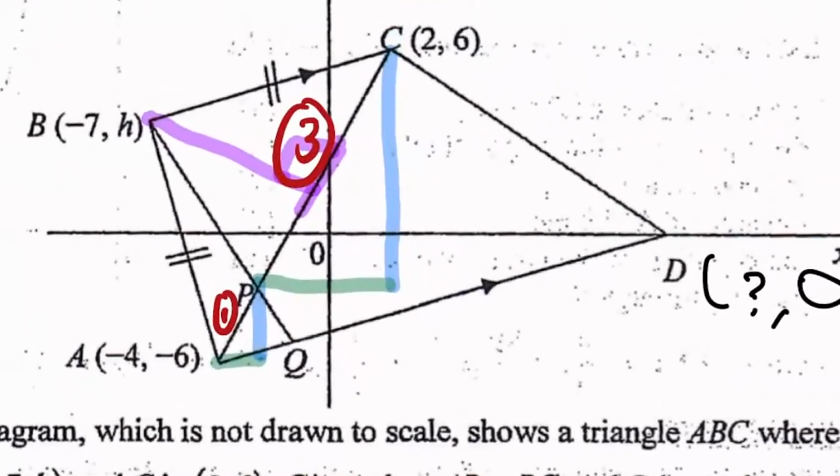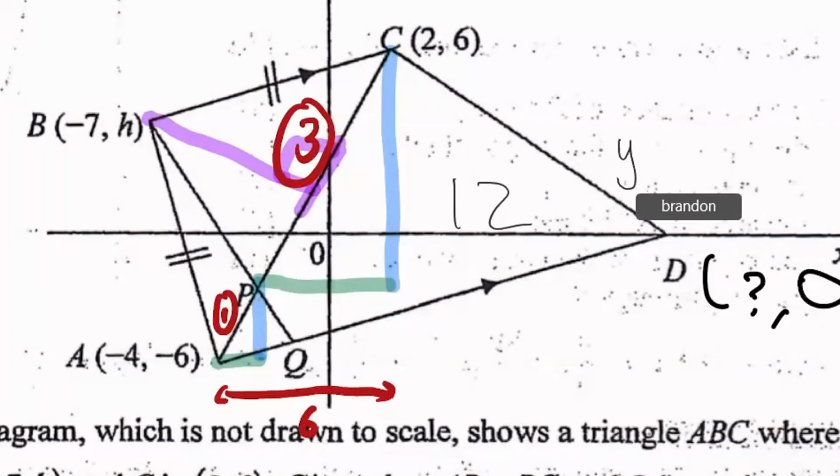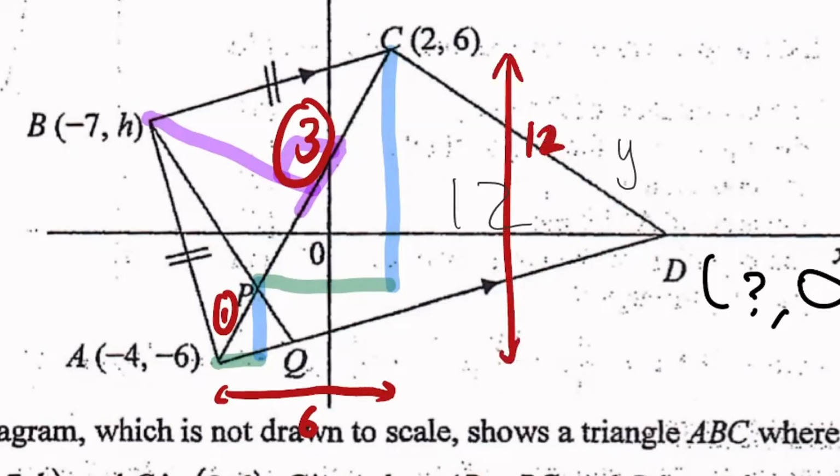But I'll just go through it. What's the total length here? -4 to 2, 6 units. Here is 12. 1/3 of that means 4 units total. This represents 4 units in the vertical length, and that represents 4 units in the horizontal length.